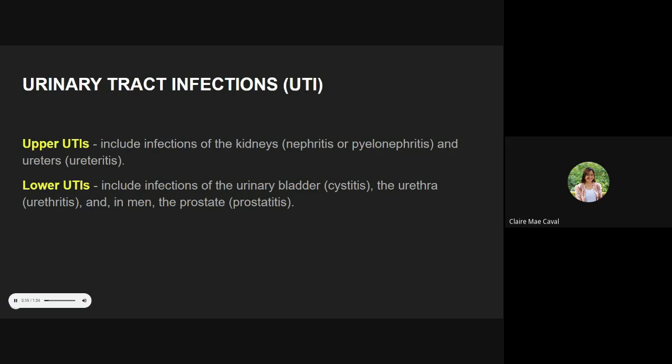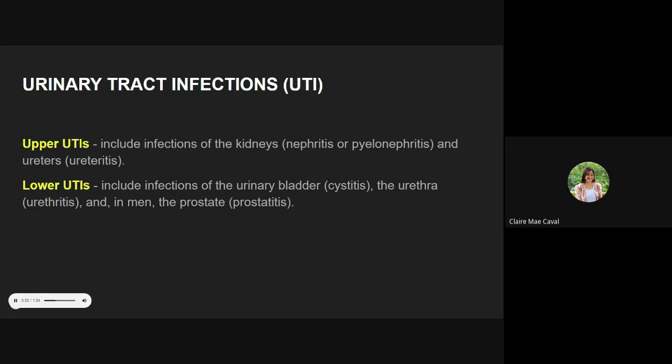Upper UTI includes infections of the kidneys, called nephritis or pyelonephritis, and the ureters, that's ureteritis. Lower UTIs include infections of the urinary bladder or cystitis, the urethra, urethritis, and in men, the prostate, prostatitis.